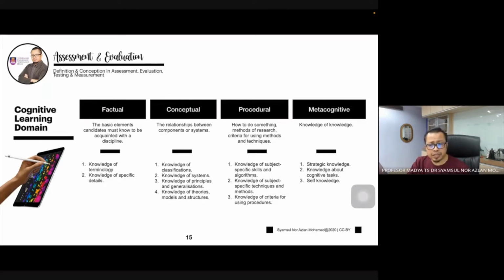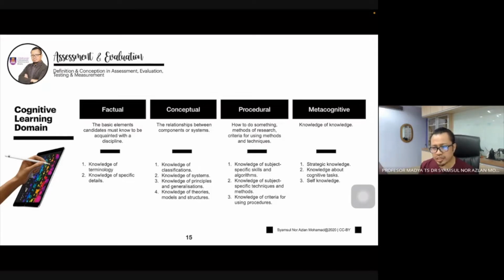But in the perspective of Marzano and Kendall, 2001, the cognitive learning domain can be described in four dimensions. Instead of looking only at the complexity of knowledge, we can also see the dimension of knowledge. The dimension of knowledge has been divided into four categories.